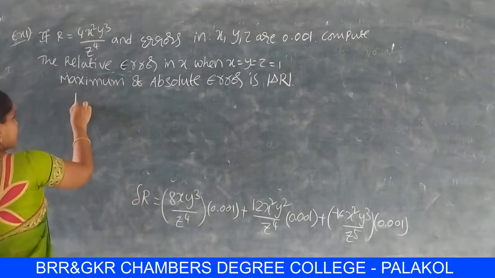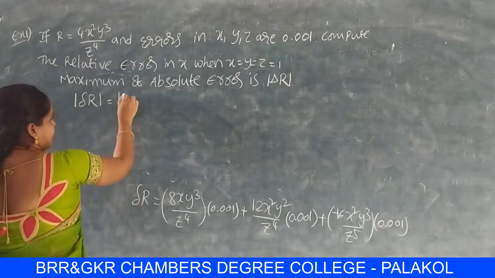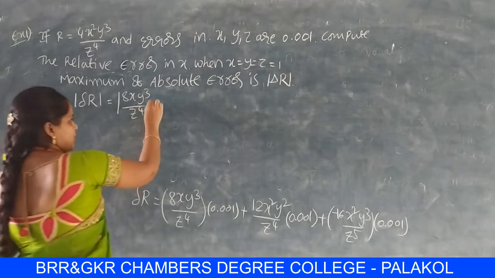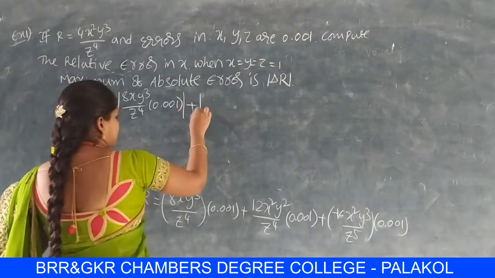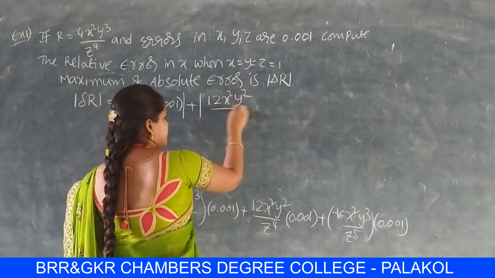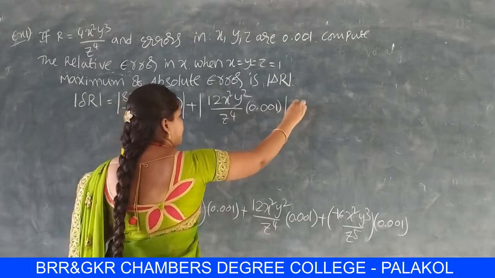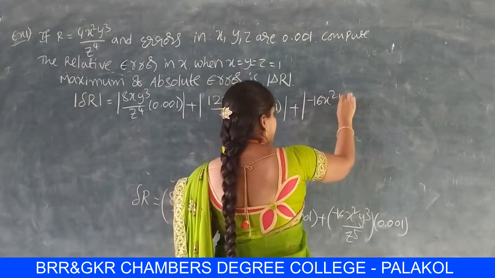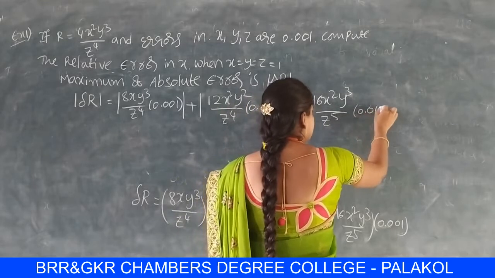Now modulus of delta r is equal to modulus of 8xy cube by z to the power of 4 into 0.001 plus modulus of 12x square y square by z to the power of 4 into 0.001 plus modulus of minus 16x square y cube by z to the power of 5 into 0.001.